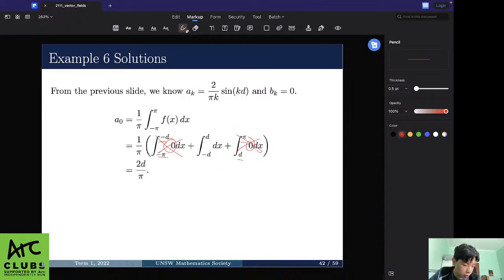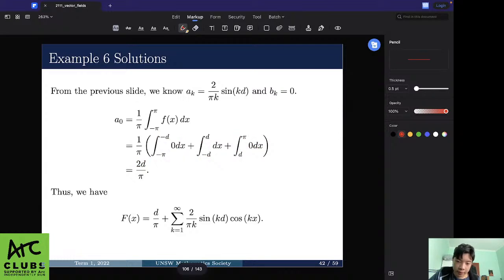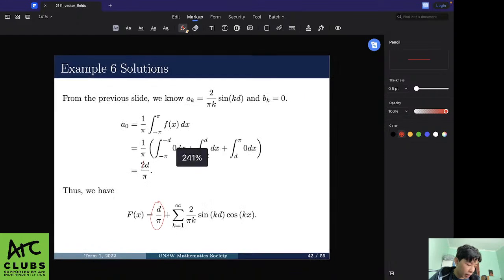And then we have an integral from −d to d of 1. So of course that's 2d. 2d divided by π is 2d on π, and that's how we get a_0. Now we have our Fourier series, where we see the a_0 on 2 term, so the 2's cancel out, and then we have our a_k times cos.